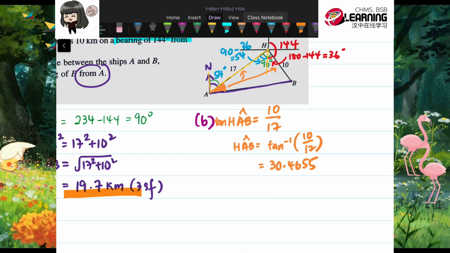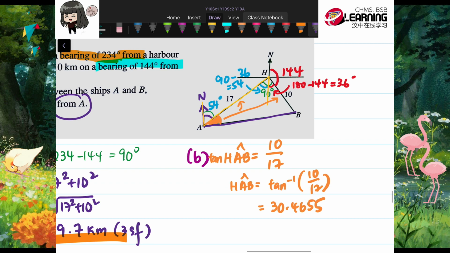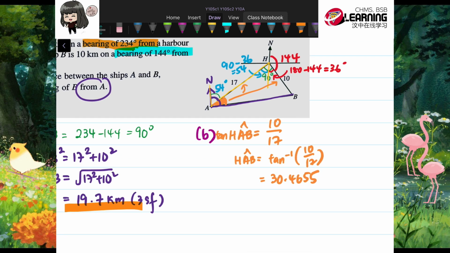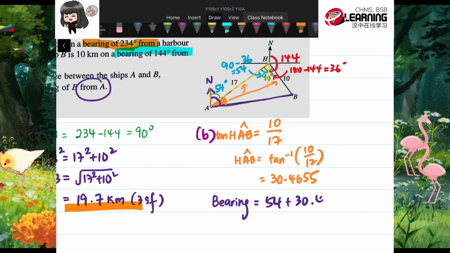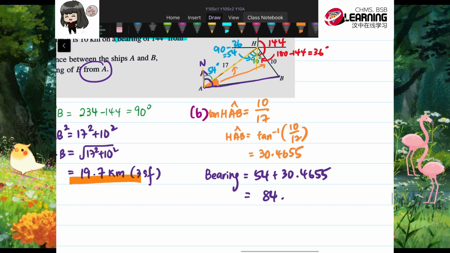And so the bearing that we need to find here is 54 plus this 30.4655. So we get 84.4655, and we round off to 3 sig fig, and don't forget to add a 0 in front, 084.5 degree. So this is my answer.